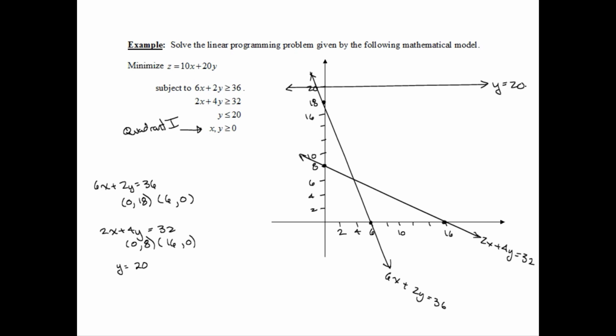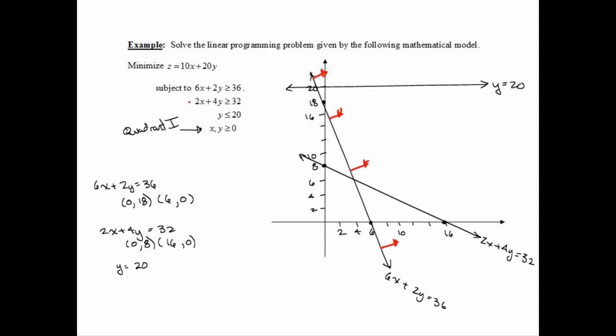Now we want to do the shading. For the first line, when we put in 0, 0, we're going to shade away from the origin because it will make it false. So that means we're going to shade this way. Then for the second one, we put in 0, 0 here.